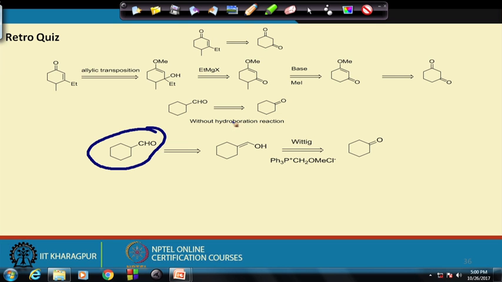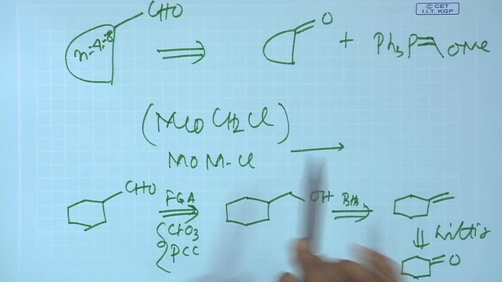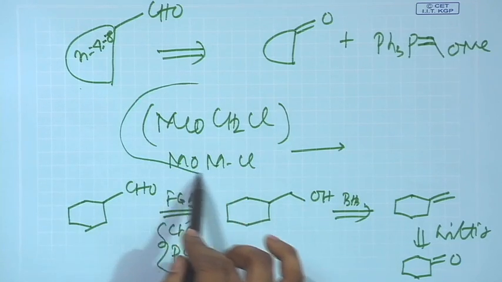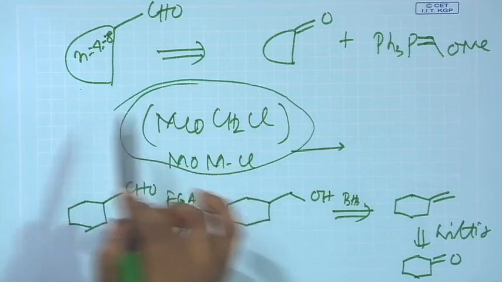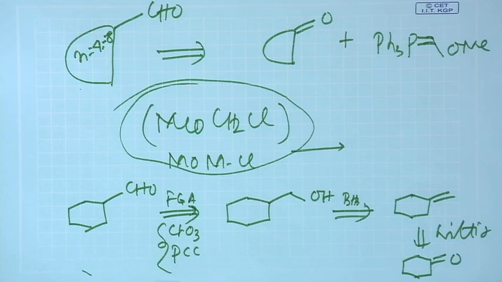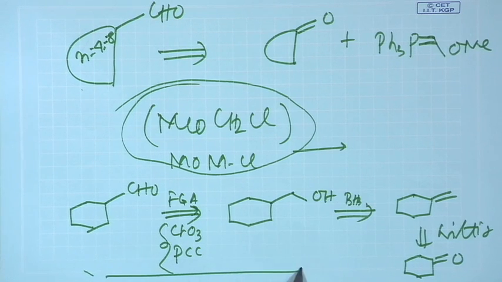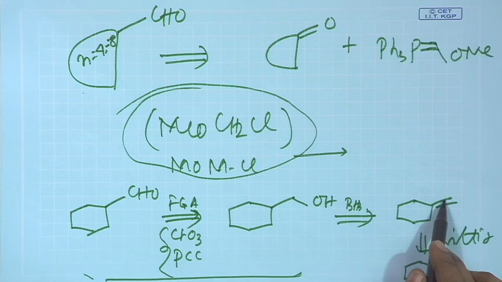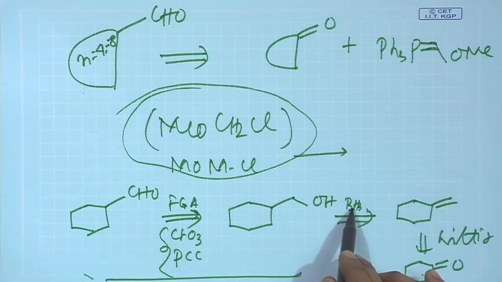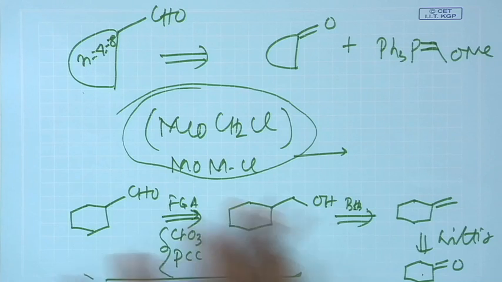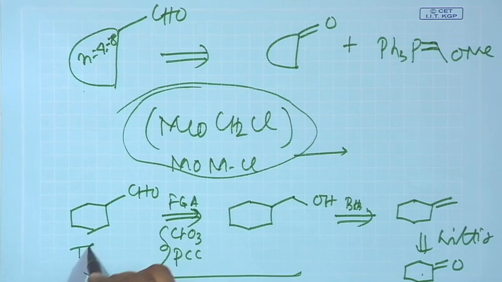So, if hydroboration has to be avoided, then you can use the MOM chloride Wittig, which we just discussed. If hydroboration can be used, then definitely you can think about the final route which we have just discussed. Start with cyclohexanone, do a Wittig, get the corresponding exocyclic methylene compound, do hydroboration, and then come back to the oxidation and get the target molecule.